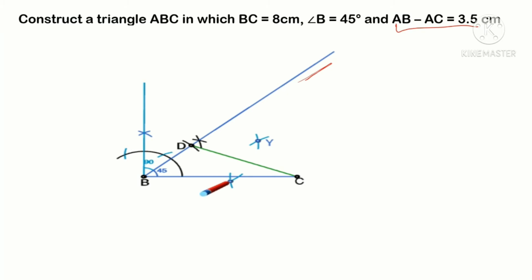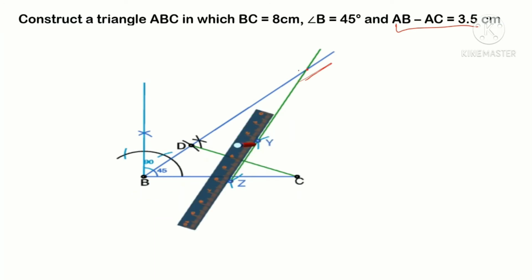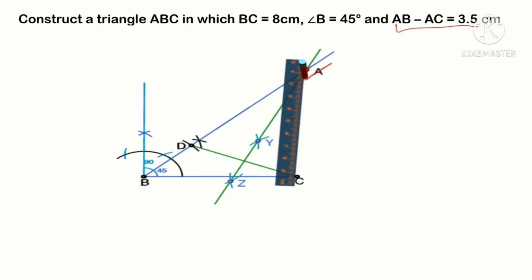Wherever this perpendicular ZY intersects, that point gives us the third vertex of the triangle, that is point A. Just join AC and see, ABC is our required triangle.